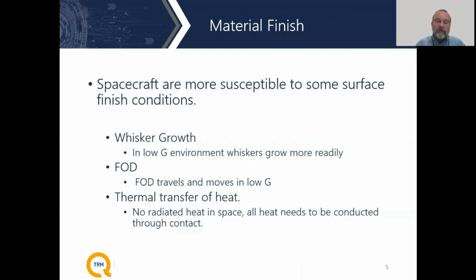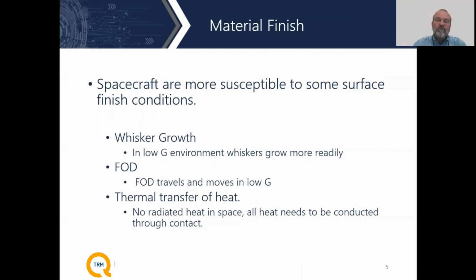All of the heat has to be transferred through conduction, which means that anything that's generating heat has to have a physical path through a solid material to get the heat out of the component and onto the larger heat sink. Therefore, heat management and how the heat flows is one of those things that we really have to be very, very careful about when designing our parts for spacecraft.